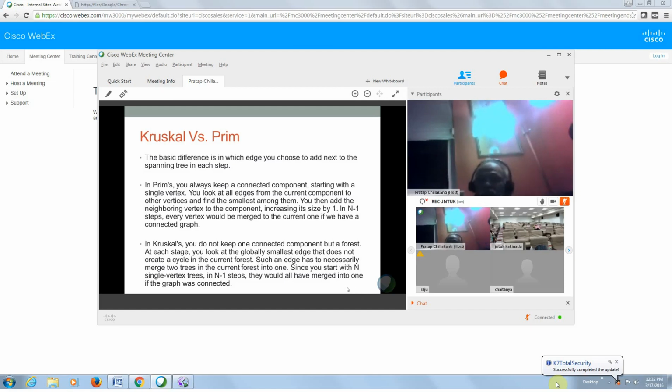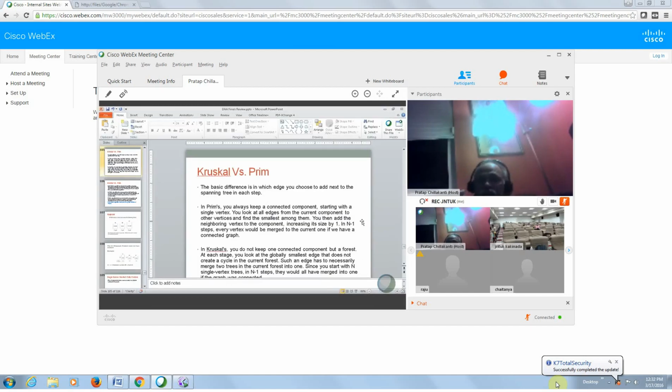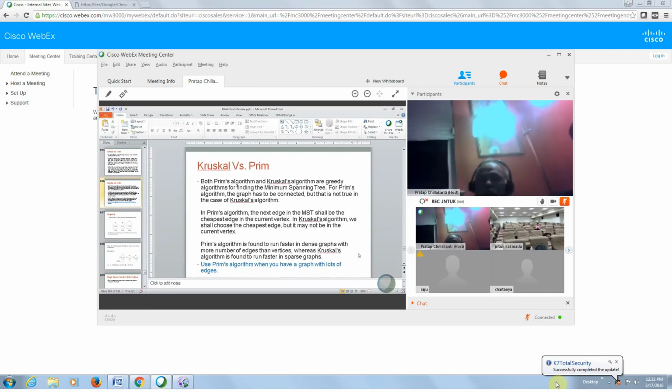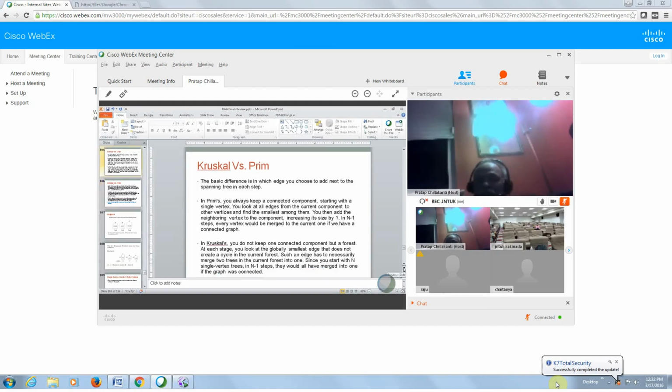And in Kruskal, you do not keep any connected component, because you start with a forest. At each stage you are looking at the smallest edge that does not create a cycle in the current forest.